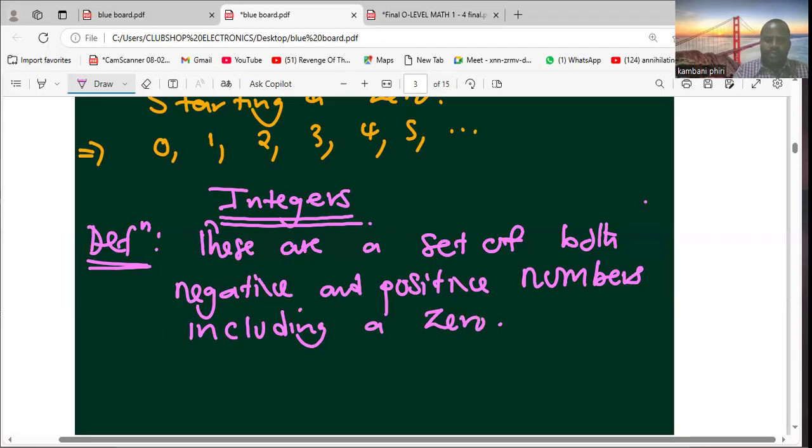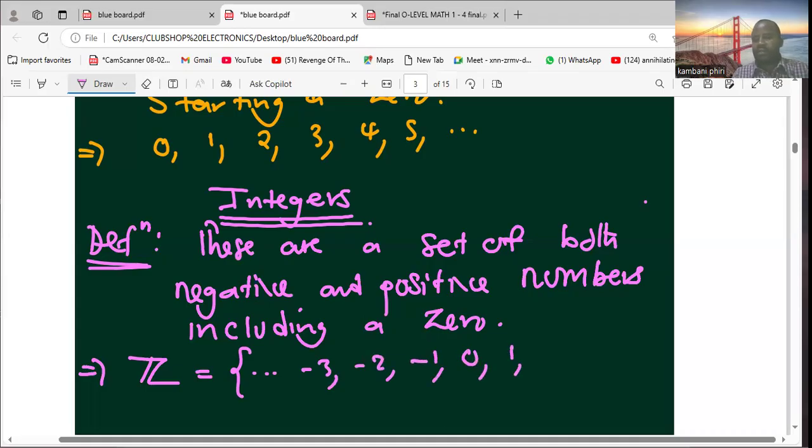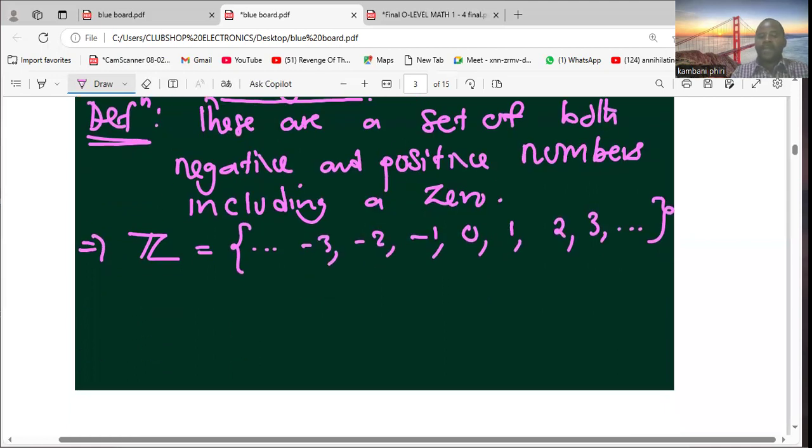So this will imply that we have this set: negative infinity, negative 3, negative 2, negative 1, 0, 1, 2, 3, up to infinity. This represents a set of integers.